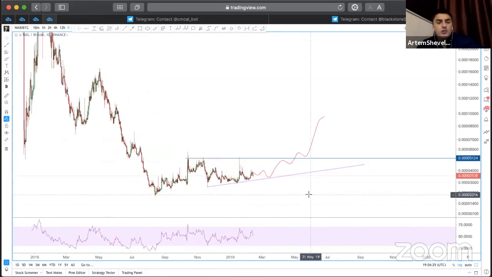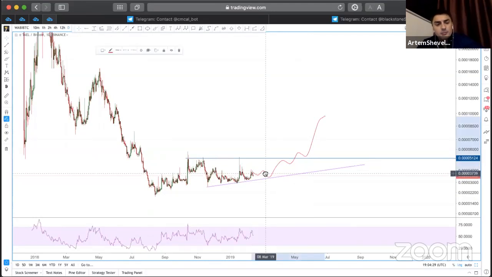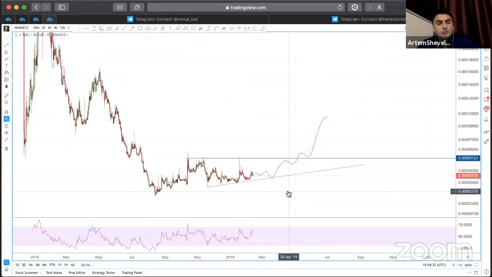Because if you are not patient in these conditions, you're probably going to make a mistake, because buying too soon could lead you to loss. Otherwise, if you wait for the breakout, if you wait for confirmation, it will give you a lot of chances to make some profits here.